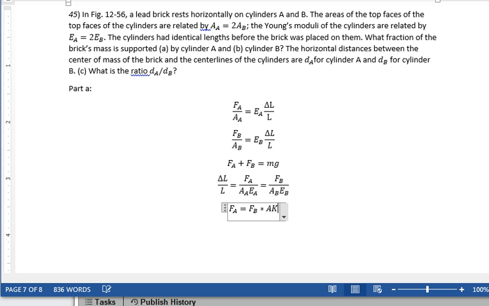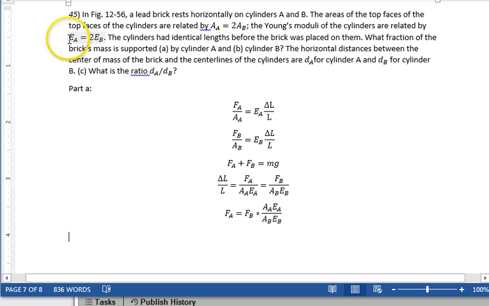So FA is FB times AA times EA divided by AB EB. All right, but we have these equations. AA is 2AB, and we have EA is 2EB.